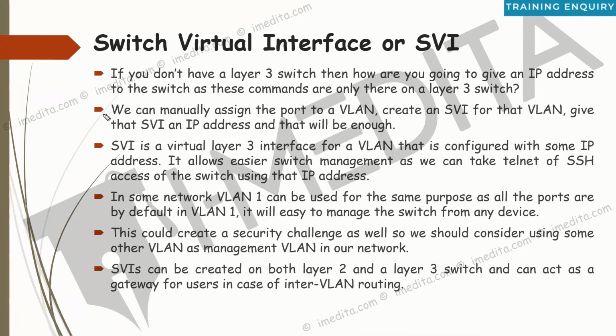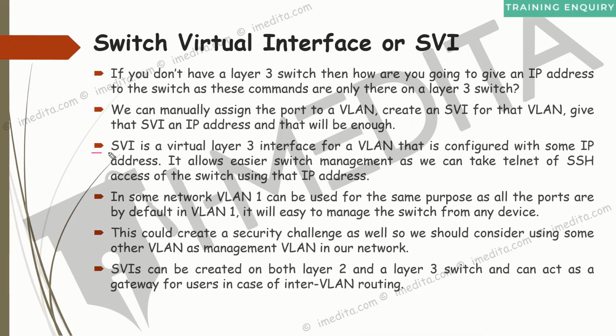So what we can do is assign the particular port to a VLAN. We can configure an SVI for that VLAN, and we can give the IP address on that SVI, and that will be enough. We can use that switch with the help of that particular IP address.